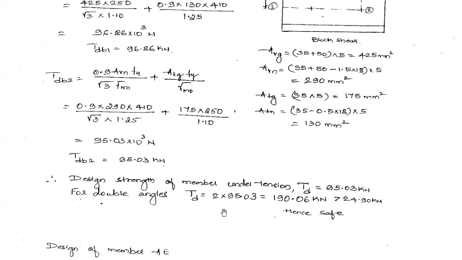Here it is multiplied by 2 because of two angles. The total strength under tension TD is 2 into 95.03, which is 190, and you see that it is more than the force coming in this member, 24.9 kilonewton. So the 60 by 60 by 5 angle we decided for the principal rafter is safe.